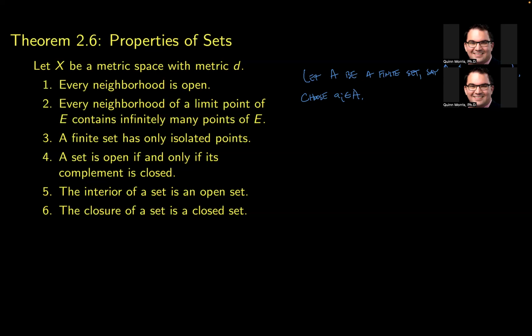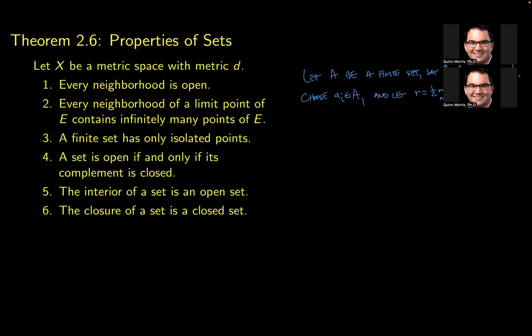So I'm going to choose A_i and let R be 1/2 times the minimum over all n not equal to i of the distance between A_n and A_i.